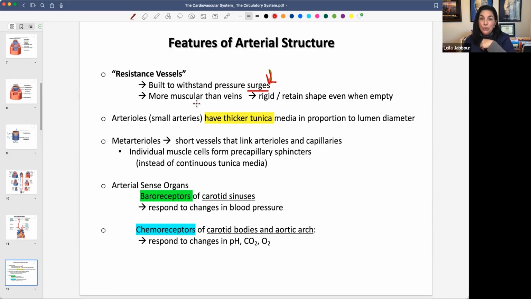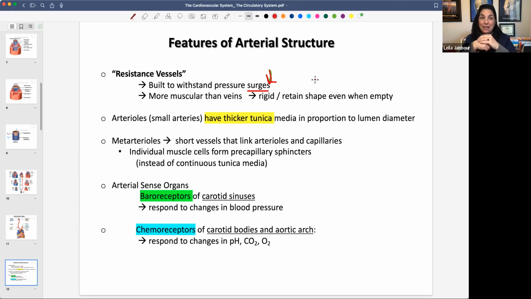They're built to withstand these kinds of pressure. They're more muscular than veins. The muscle layers are thicker, so that gives them a little bit of rigidity. They can retain their shape even when they're empty. If you had the opportunity to catch a cadaver lab dissection, the aorta was huge and wide open, like a pipe sitting right there in the body.